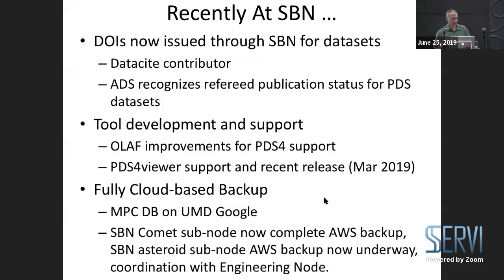We've heard the encouragement to move to cloud-based resources, and so we're using the cloud, which is an excellent tool for backup, both for the MPC database as stated, but also now we're standing up complete backups of the small bodies node to Amazon Web Services in coordination with the PDS engineering node.